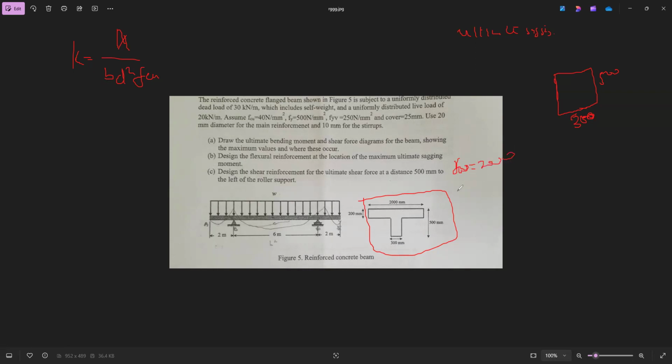But what he said is we should design for ultimate sagging and hogging. Then you check deflection at midspan and design for maximum shear force.